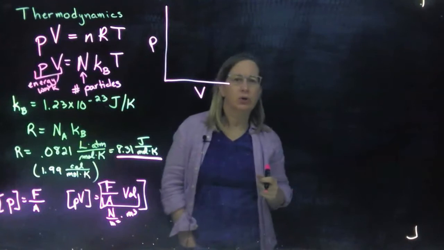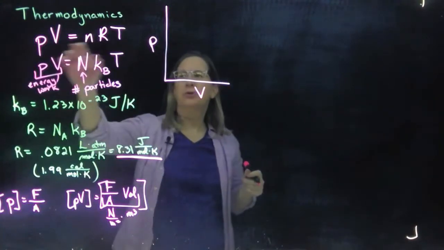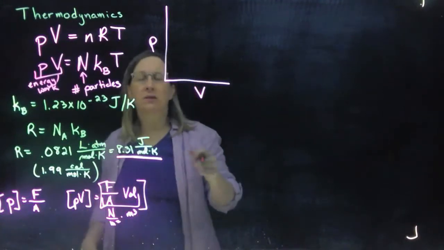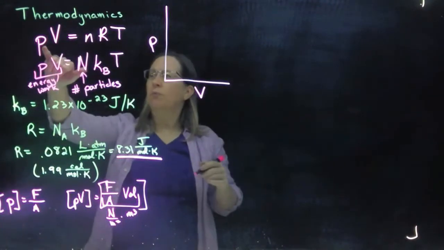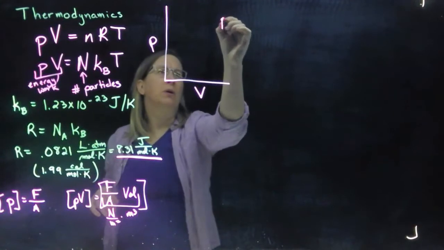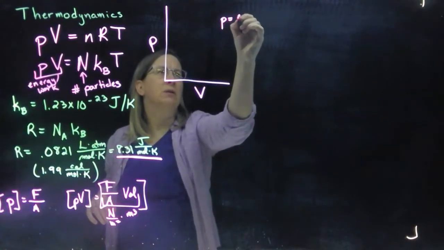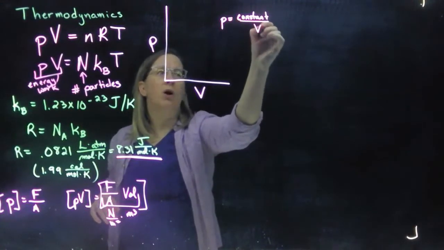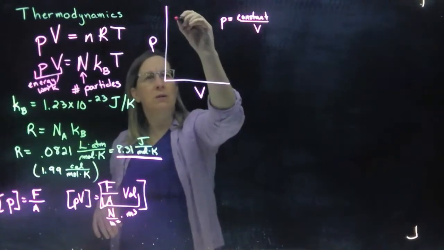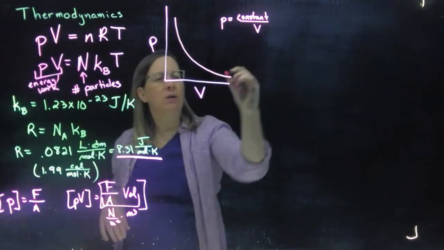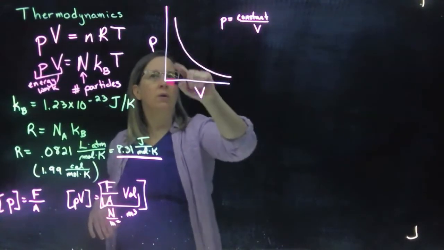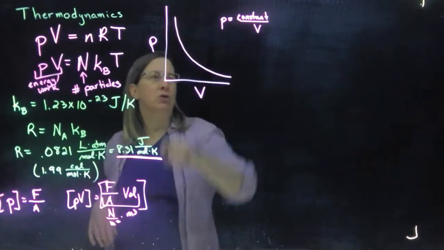You can plot it as pressure versus temperature at a constant volume, but if we have a constant temperature, then pressure is equal to some constant times one over the volume, which gives me something that looks like this, right? When the volume gets big, the pressure gets small, and when the volume gets small, the pressure gets big.